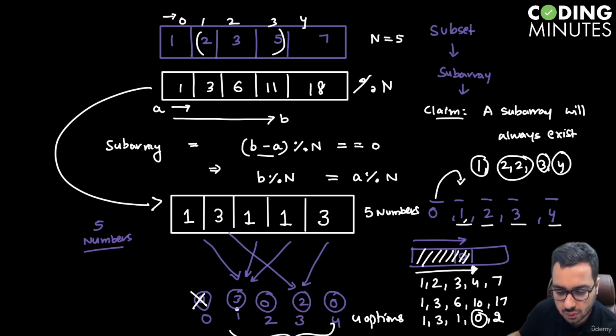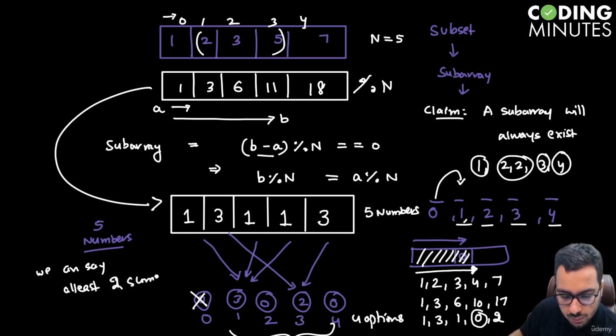There is a bucket of 1, there is a bucket of 3. There are only 4 options for 5 numbers. So according to the Pigeonhole Principle, we can say at least 2 sums will always lie in the same bucket.